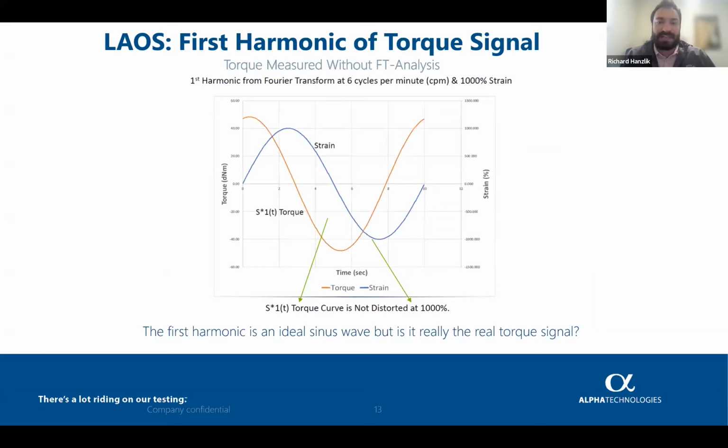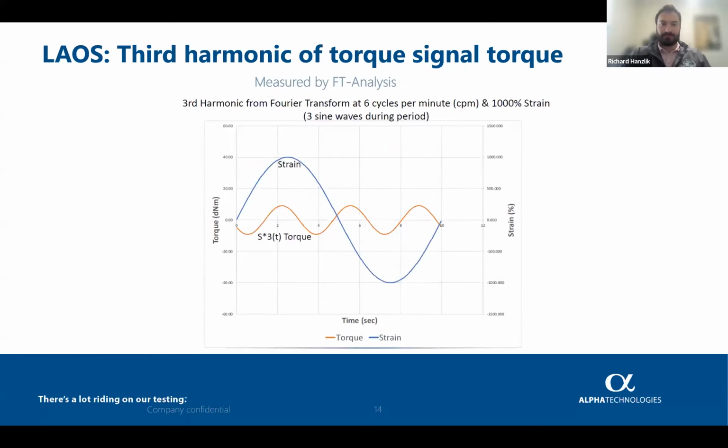So here we're looking at the first harmonic of the torque, which is the fundamental torque. And this is measured by all RPAs without applying the Fourier transform analysis. As you can see here, using only the first harmonic, it is not possible to detect any distortion of the torque signal. So if you're just running a normal strain sweep, a normal RPA measurement, this is typically the response that we're used to.